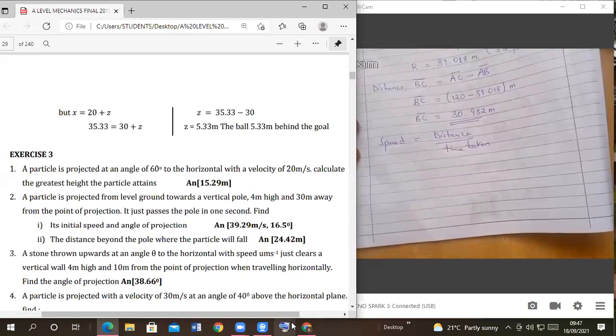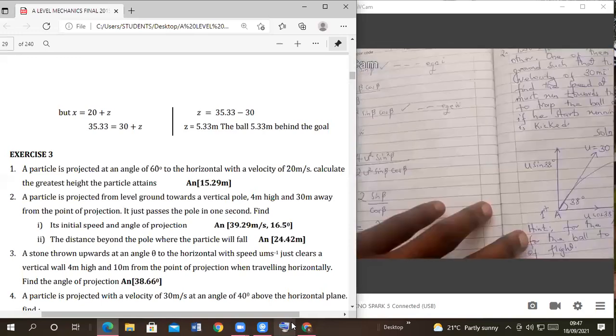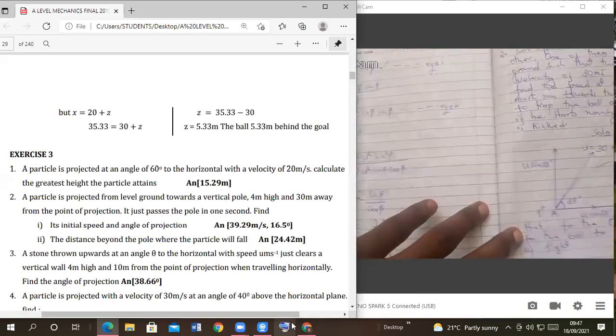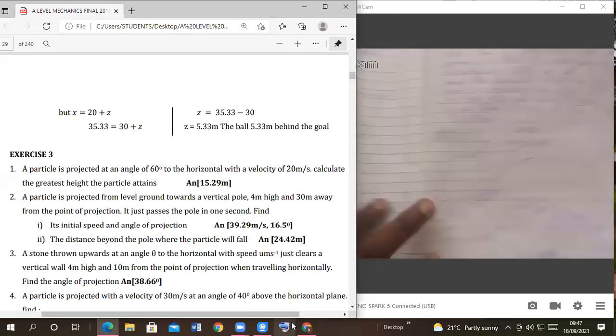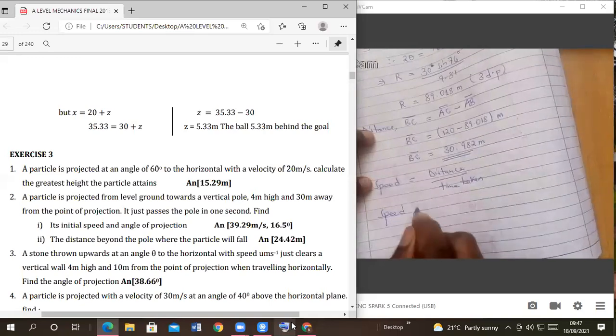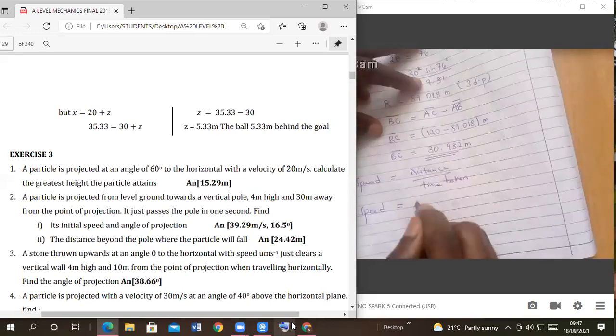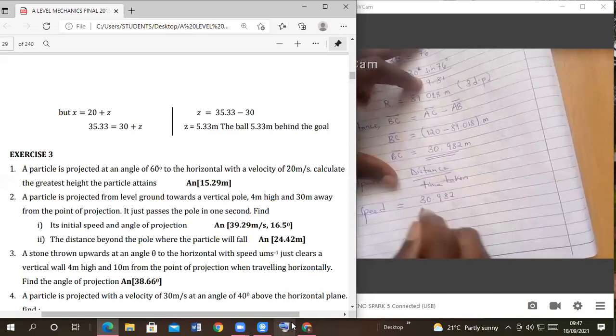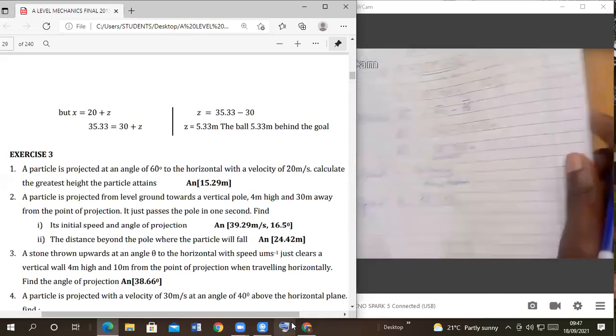That's why we had to get it first. To find this time of flight, we wanted to find that distance first. So our speed will be equal to the distance BC, which is 30.982, divided by the time of flight. What was our time of flight?